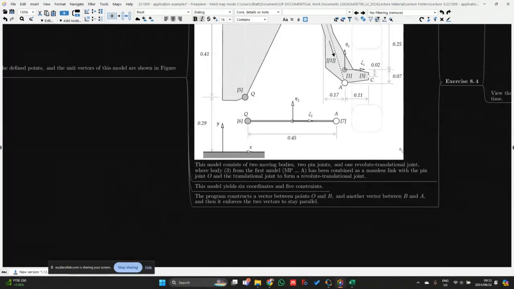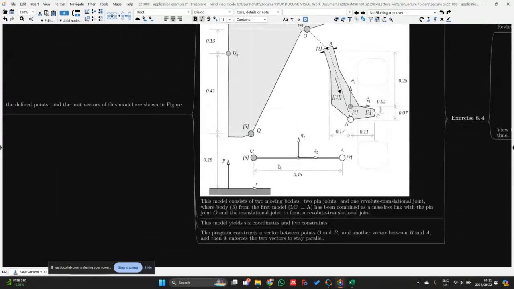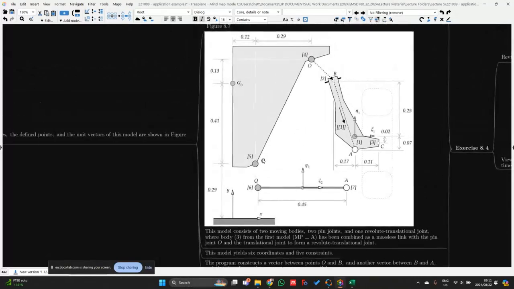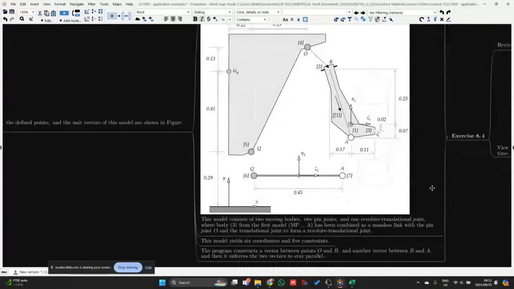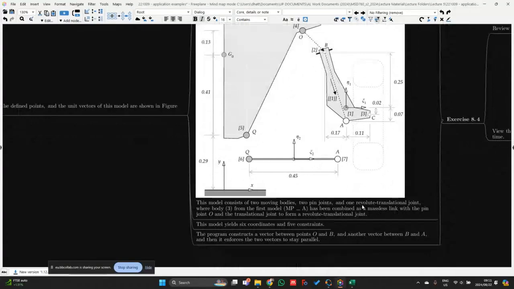So this model consists of two moving bodies, the wheel assembly and this bottom link, body 2, two pin joints, in other words this pin joint over here and this pin joint over here, and then one revolute translational joint, where body 3 from the first model has been combined as a massless link with the pin joint O and the translational joint to form a revolute translational joint.